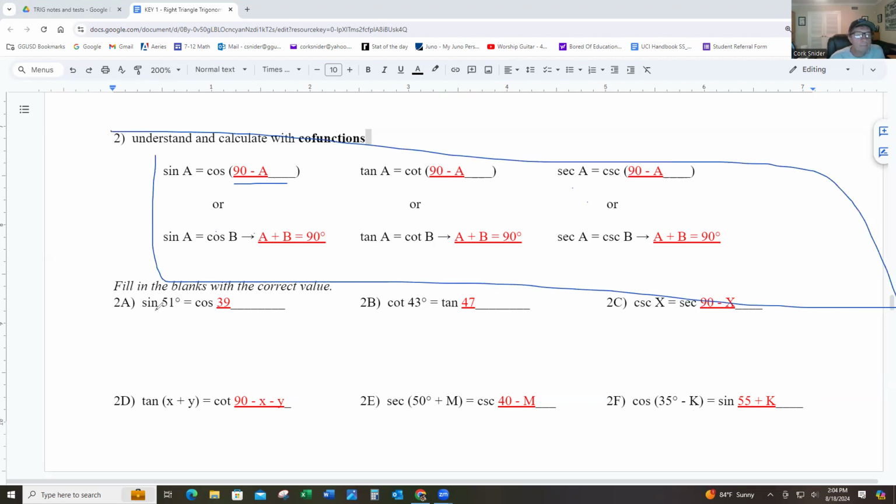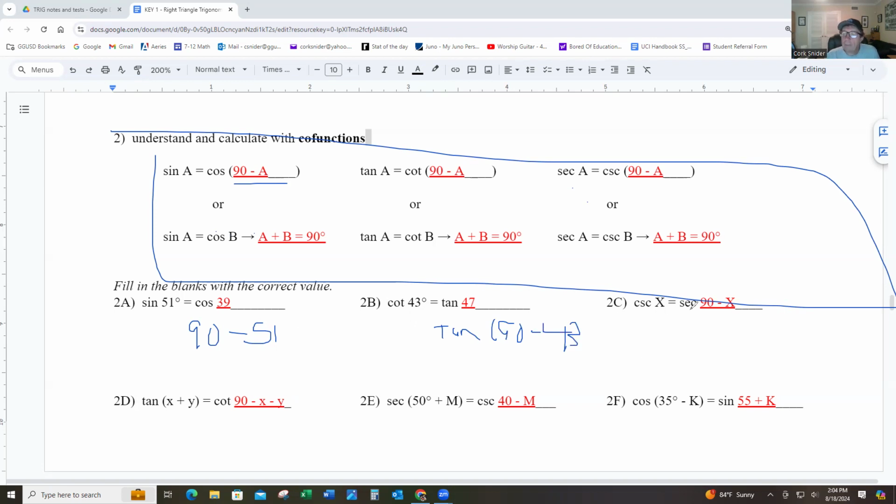So let's do these. The sine of 51 is the same as the cosine of 90 minus 51, and hence 39. The cotangent of 43 is the same as the tangent of 90 minus 43, which is 47.